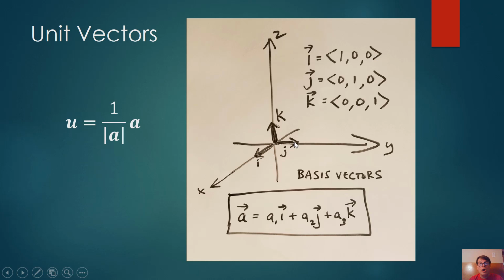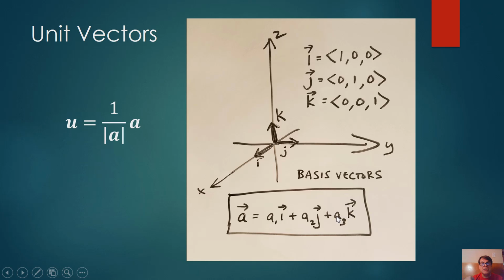So i, j, k are conventionally the unit vector for the x component, the unit vector for the y component, and the unit vector for the z component. What does this mean? Basically, see this notation here? This is a way of saying the quantity A1 in the x direction, and the quantity A2 in the y direction, and the quantity A3 in the z direction.